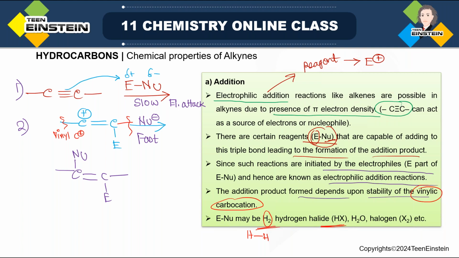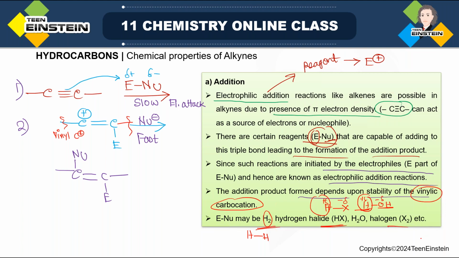Now look at some other ENU. HX. Here polarity generation is easy because we know halogens are more electronegative, so you can easily put a delta plus charge and a delta negative charge. Then water. If you write water in this way, this part is the negative part, this part is the positive part, and this will be our electrophile. And then halogen also.